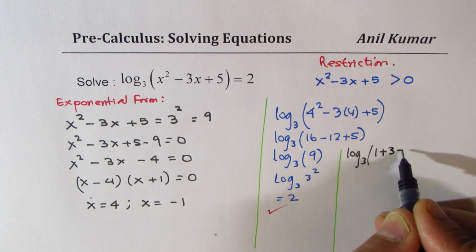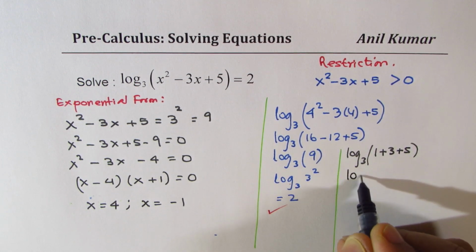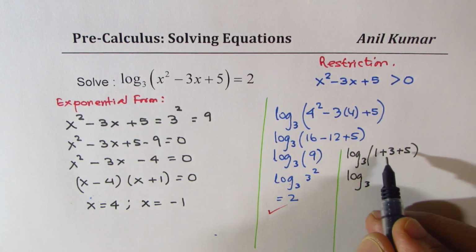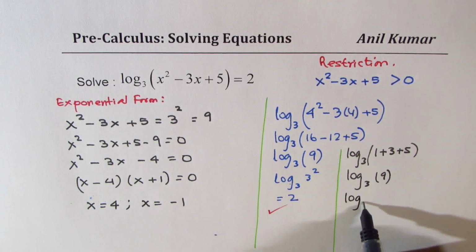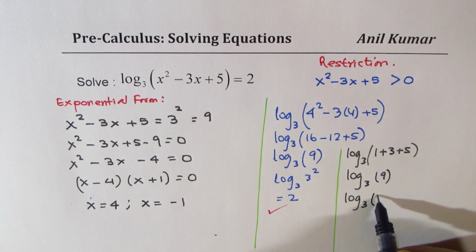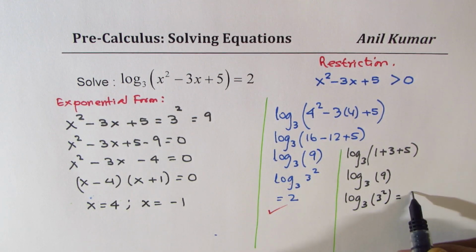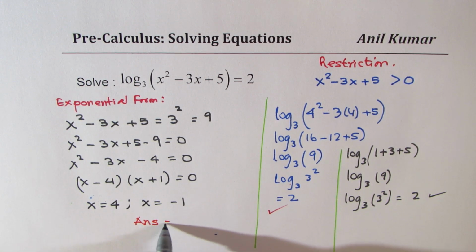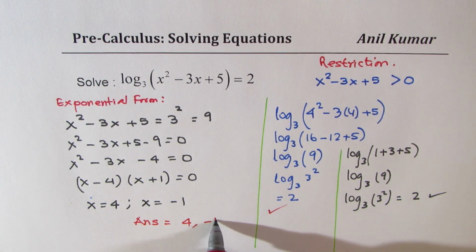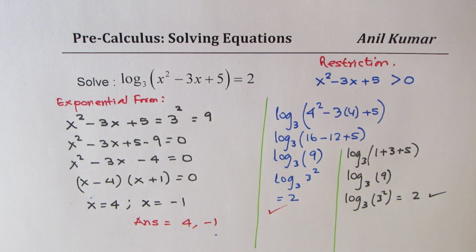We get plus 3 plus 5, which is log to the base 3 of 4 plus 5 as 9, which is log to the base 3 of 3 squared, which is the same as 2. So it also works, correct? So both solutions are correct for us. Both work. So therefore, we say that our answer is 4 and minus 1. So that is how you're going to solve it.